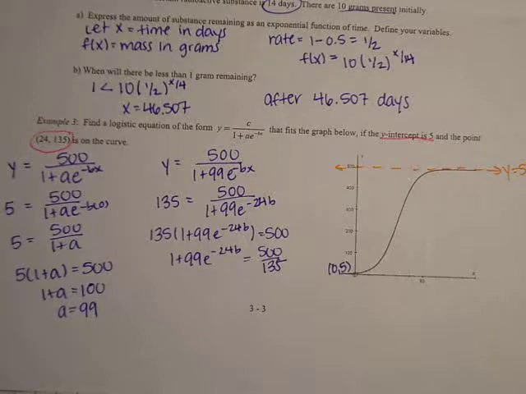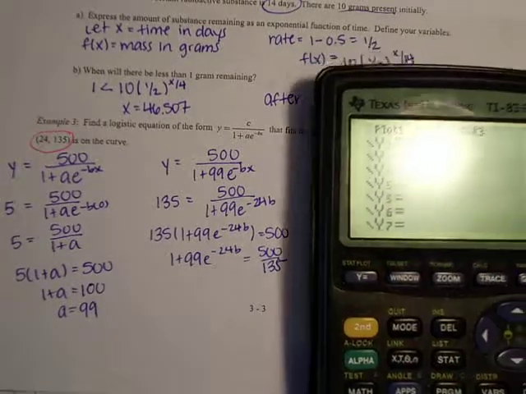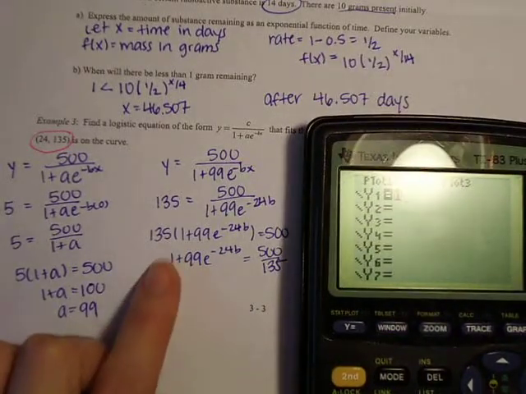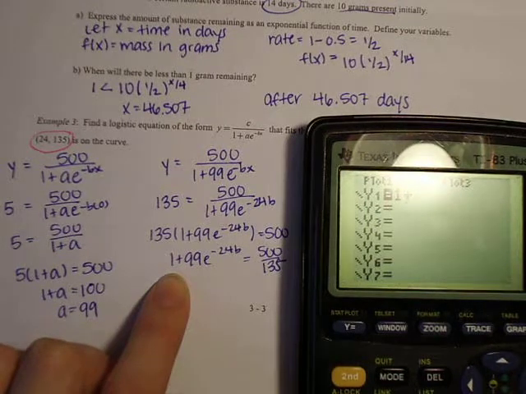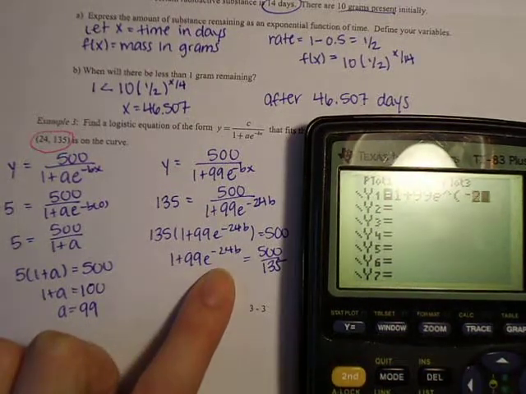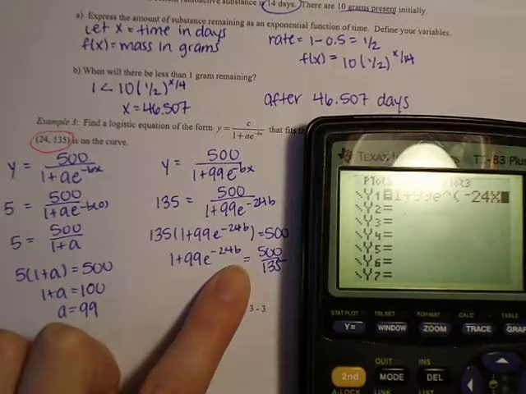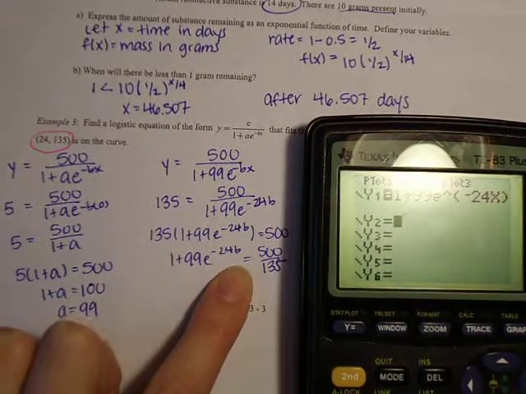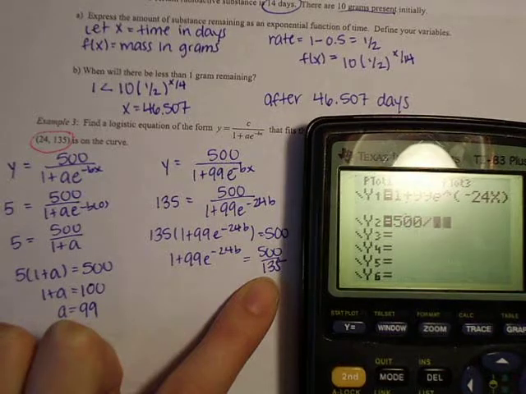So we're going to put in 1 plus 99 times e raised to the negative 24x, and then the other side of our equation is 500 divided by 135.